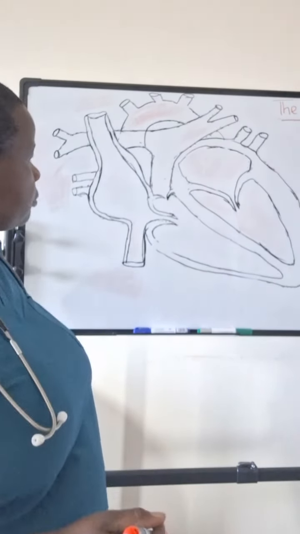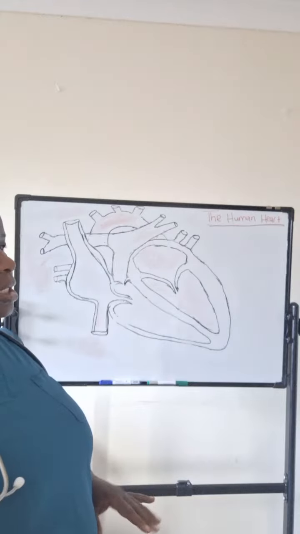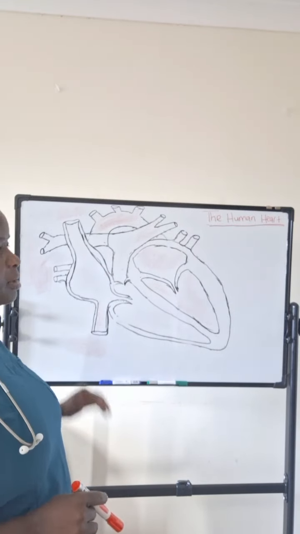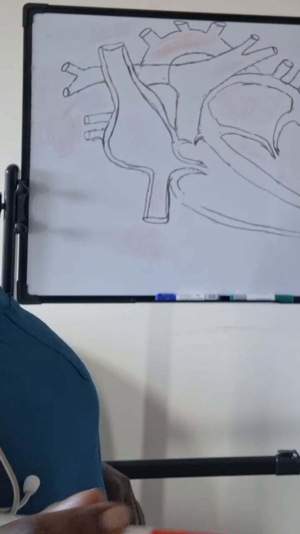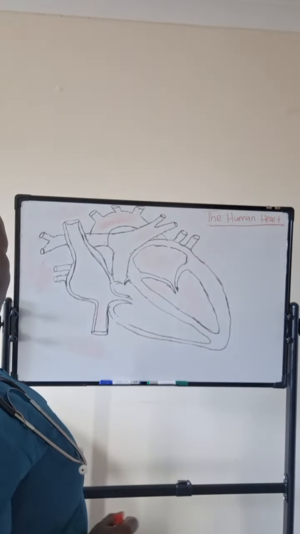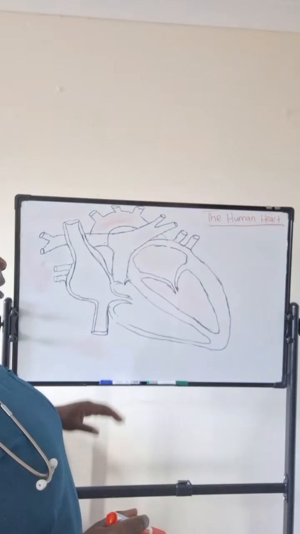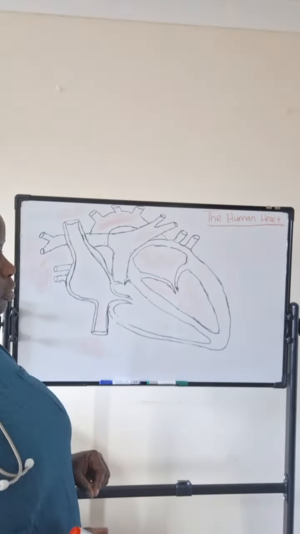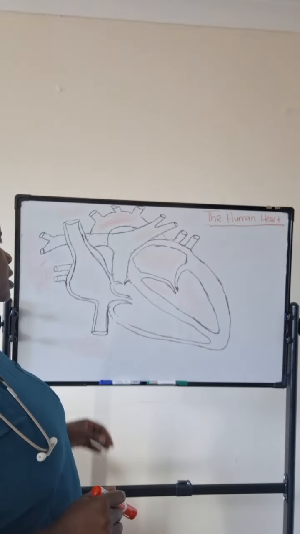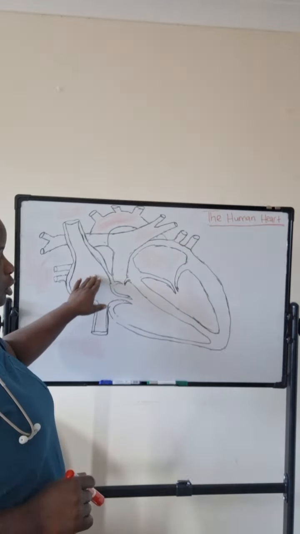So the heart has got 4 chambers, 2 upper chambers which are called the atria, and 2 lower chambers called the ventricles. Now I just want to take you through the cross section of the diagram of the heart that I have just drawn there.